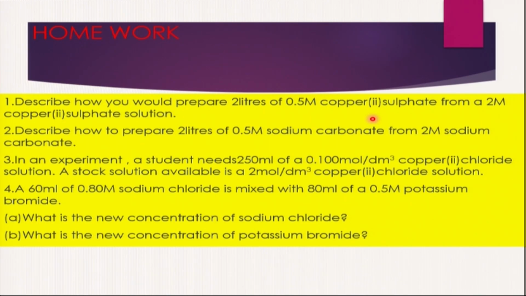The volumetric flask, remember, has to be a 2-liter volumetric flask because you are asked to prepare 2 liters. Then after transferring the calculated volume of the copper 2 sulfate, fill it up to this mark, for the 2-liter volumetric flask.